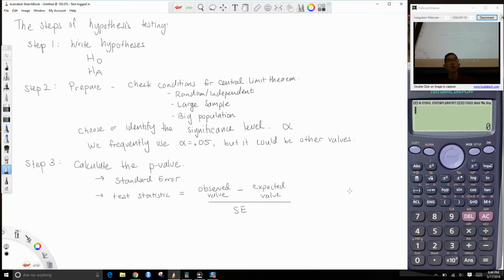And you're going to decide, is the difference big or small by dividing by the standard error, okay? And then you look up your test statistic in the reference table to get the p-value.